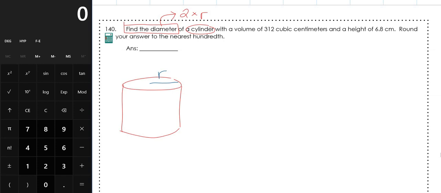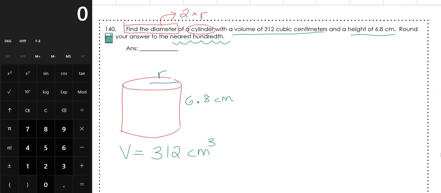They're telling me my volume is 312 cubic centimeters. So V equals 312 centimeters cubed. Next, they're telling me the height is 6.8 centimeters. Okay, let me put that in. 6.8 centimeters. My final answer needs to be rounded to the nearest hundredth.